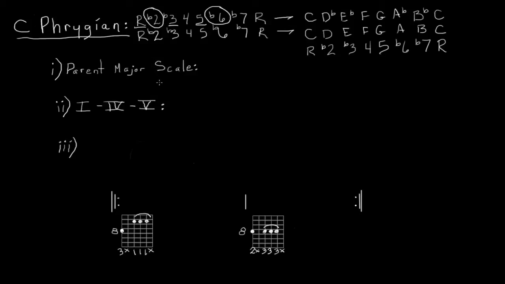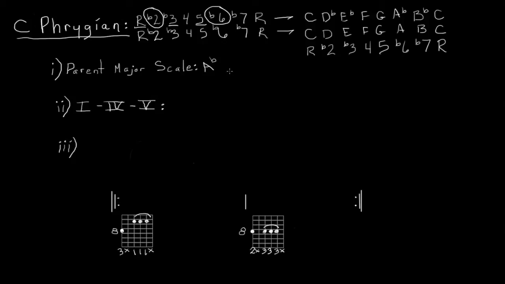So let's talk about building a modal chord progression for Phrygian mode. We know that if we're on C Phrygian, we've got to move back 2 whole steps to find the parent major scale. So step number 1 is to determine the parent major scale. If we move back 2 whole steps from C Phrygian, we end up on A flat major.